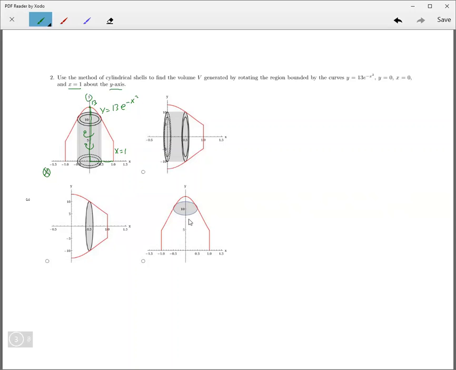Let's see here. This is the wrong region. This one's the correct region, but they're doing it with disks. You could try doing it with disks, but there are a couple problems. One of them is that this formula right here doesn't do too well for disks, because to find the radius, you're going to have to solve this for x. So you'll have some weird expression with logarithms, and logarithms are not that fun to integrate.